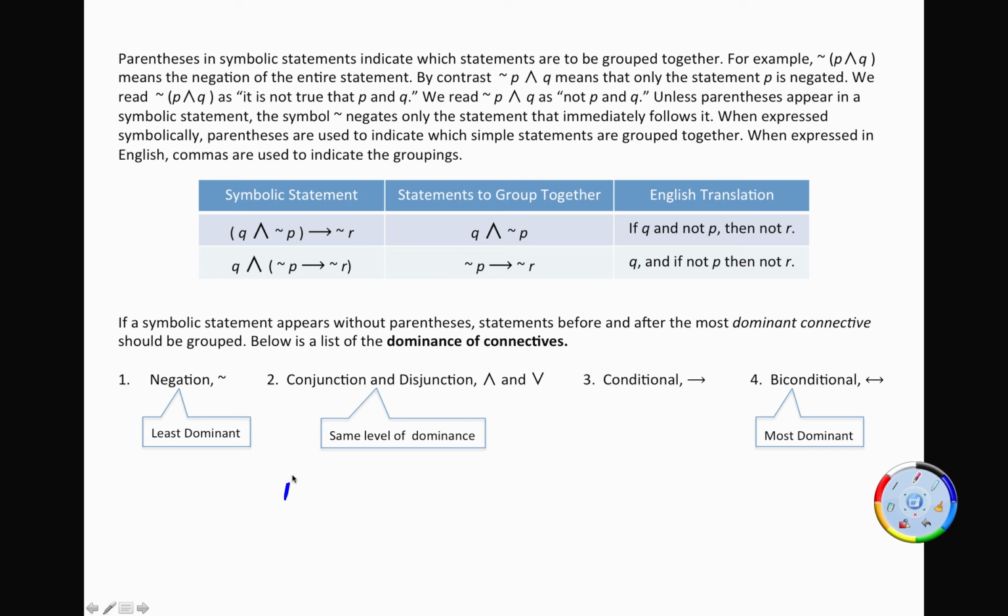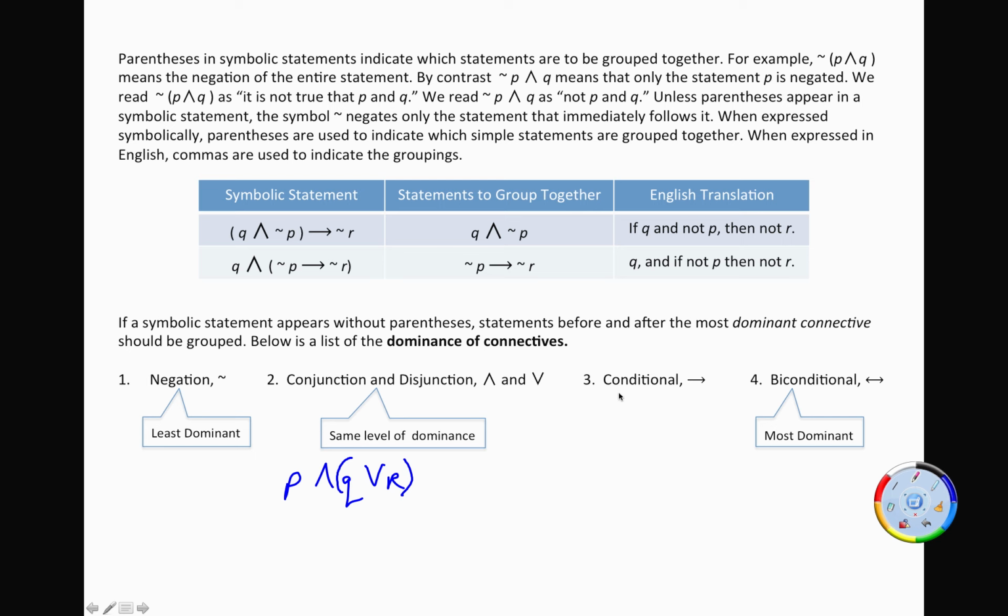In other words, if I had P and Q or R, I would have to have parentheses. Right now, this is indeterminable as to the meaning. So I could either put parentheses around the first grouping or the second grouping to determine I've now made this a conjunction, an and statement.